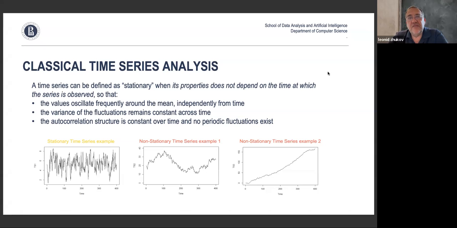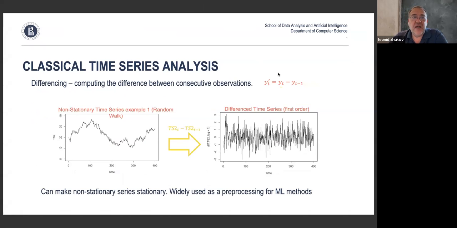But in fact, there is a very simple and very powerful method that allows us, for most time series, to make it stationary. And this is done by differencing, so computing the difference between consecutive observations. That's as simple as that.